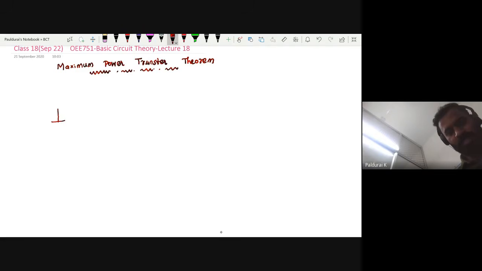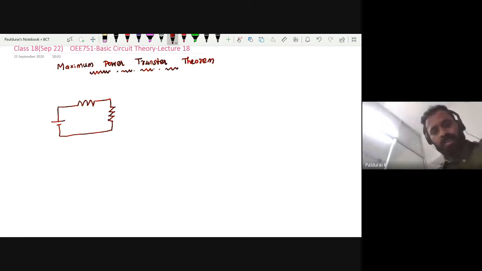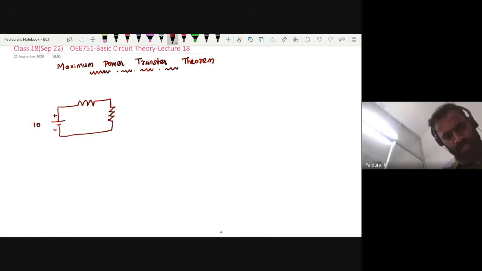Take this Thevenin equivalent circuit. This is my Thevenin equivalent. And here I want to connect the load. Take this voltage as some 10 volt Thevenin voltage, and this is some 5 ohm.